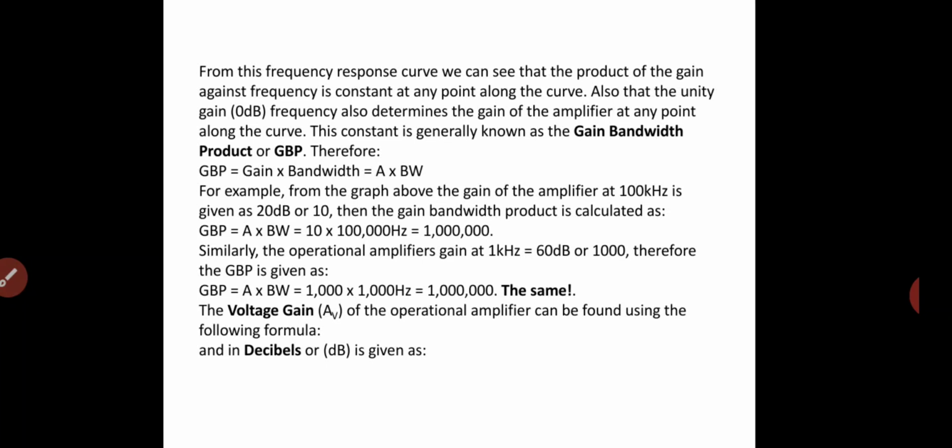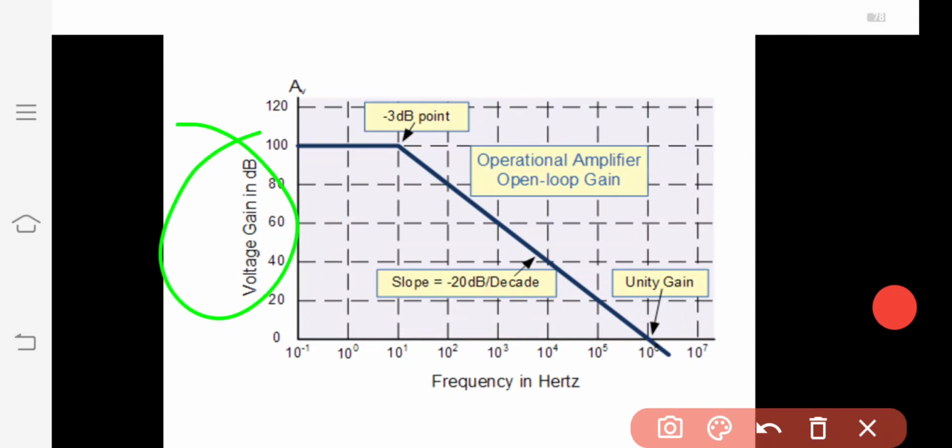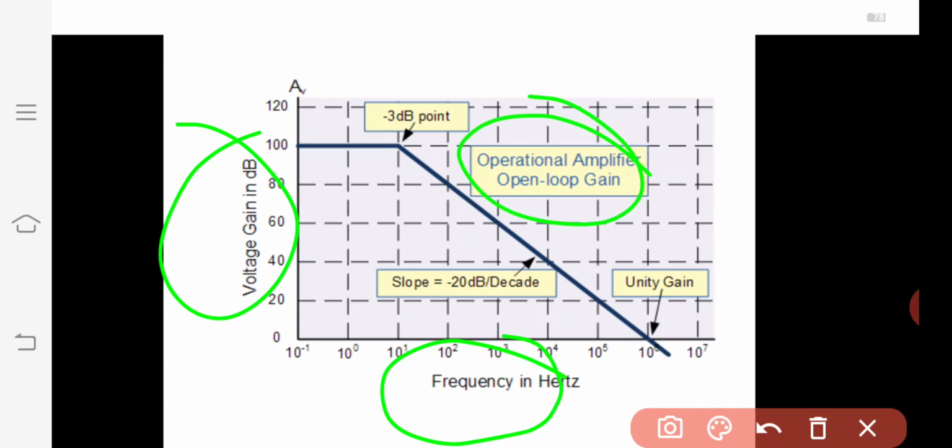Also, the unity gain frequency, which is the open loop gain, is always constant.